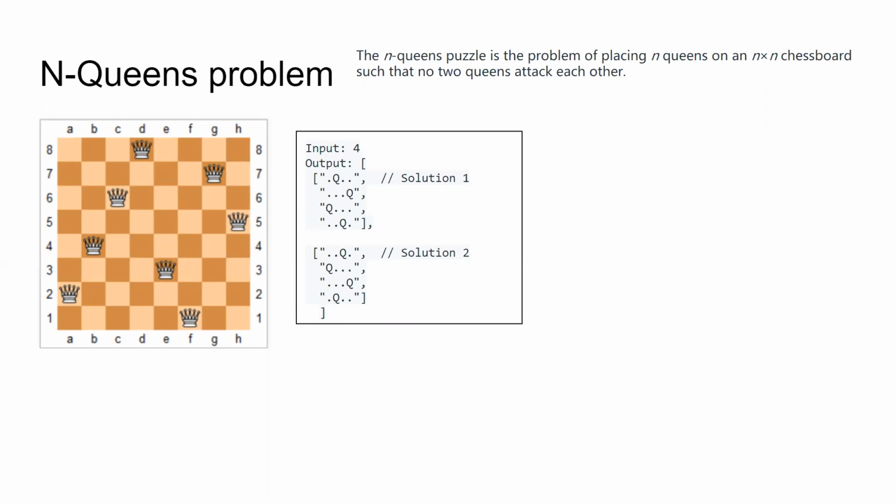But before even digging into the backtracking algorithm, if we were to do it just brute force, what would be the idea? If we are just following a brute force approach, probably we'll have 8 inner for loops, if it is an 8 by 8 matrix.